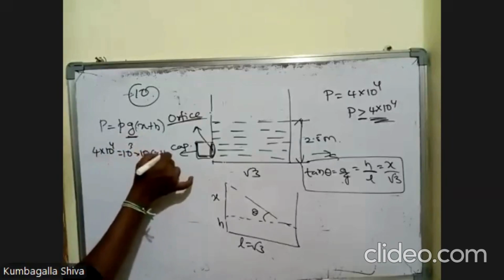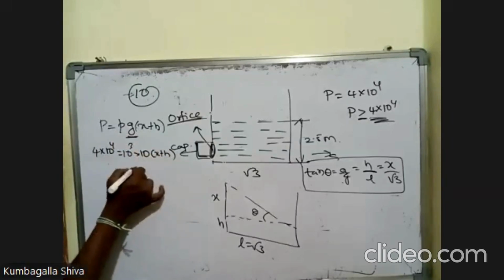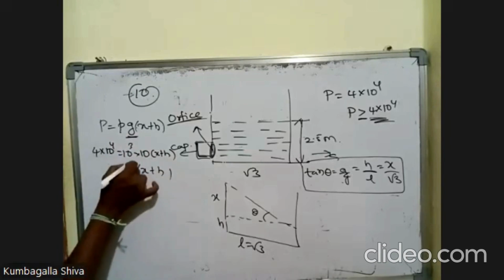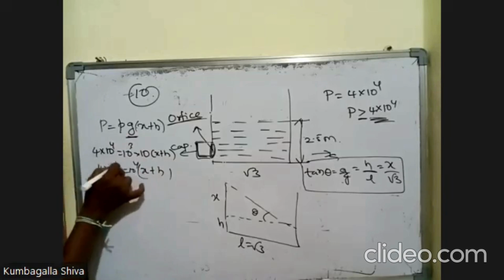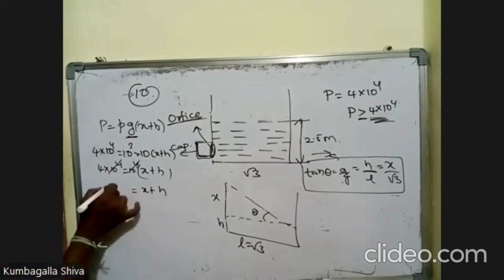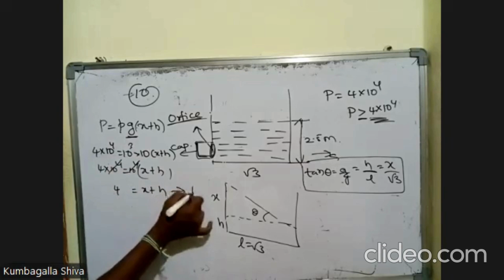So x plus H equals 4 into 10 power 4 over 10 power 4, and 10 power 4 cancels. You get x plus H is equal to 4. This is the first equation.